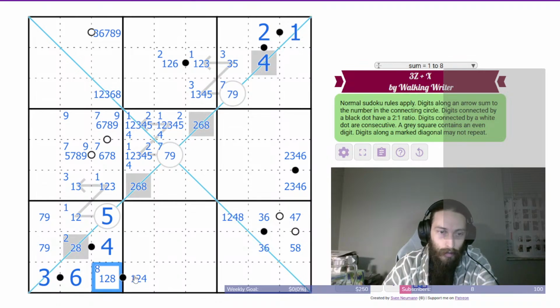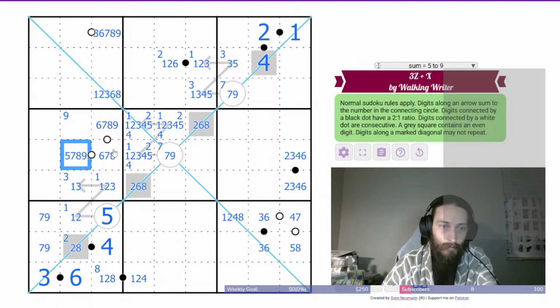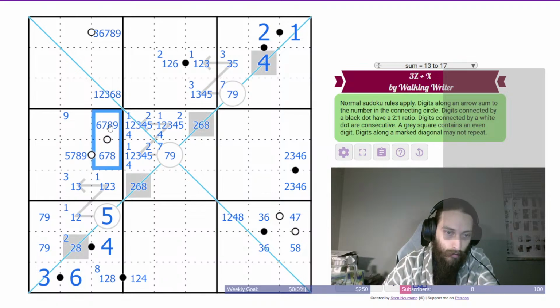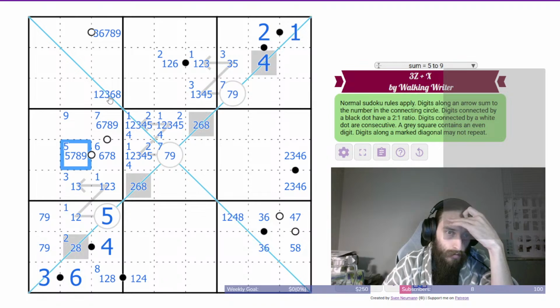This would be an 8. And this would end up being a 6, 7 pair. But this is a 7, so that's not a 7. So that goes 7, 6, 5. Don't have contradictions yet.